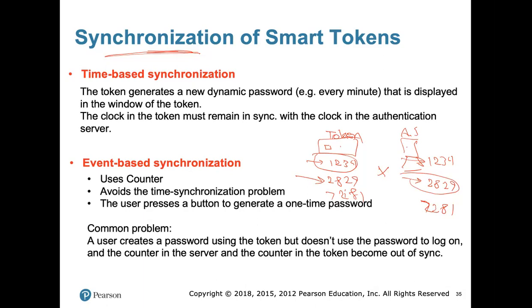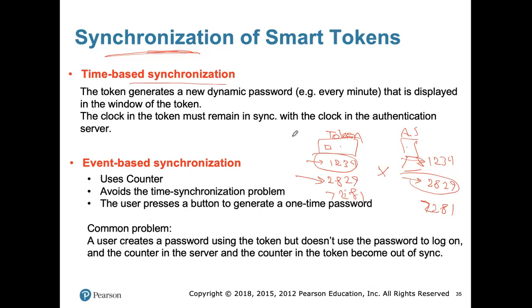So how do we get the authentication server and the token synchronized? There are multiple ways of doing that. The easiest is time-based synchronization. In time-based synchronization, the token and authentication server are synchronized using some kind of initial time.